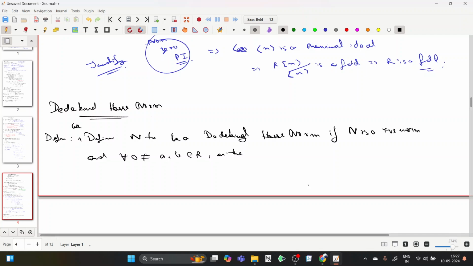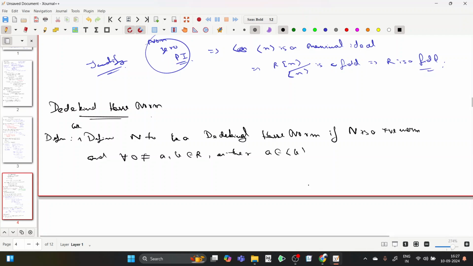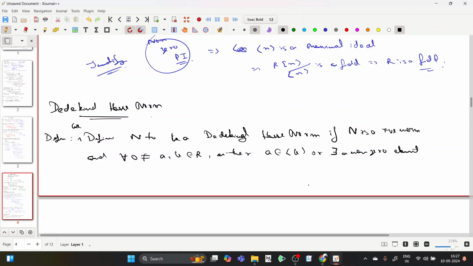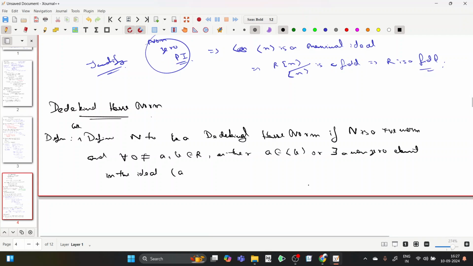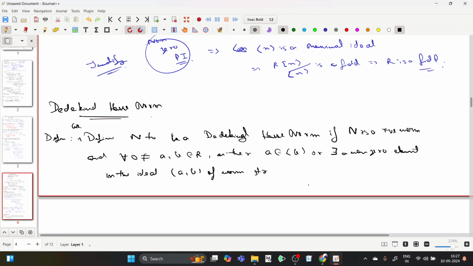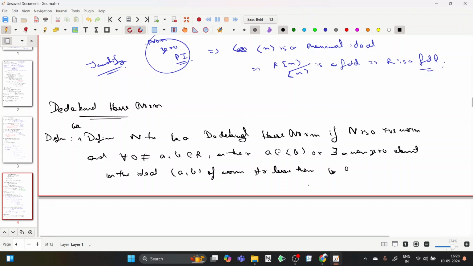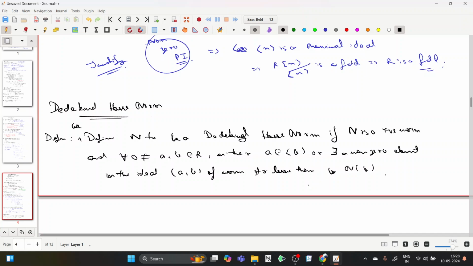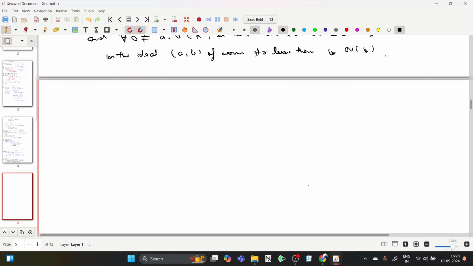either A is contained in the ideal generated by B, or there exists a non-zero element in the ideal generated by A and B of norm strictly lesser than the norm of B. How can I mathematically write this statement?